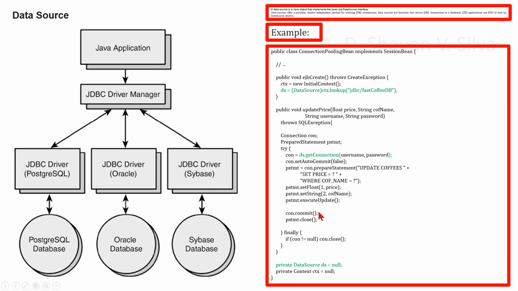And use a finally statement to close the pool connection. This finally block would appear after the try catch block that applies to the code in which the pool connection was used.